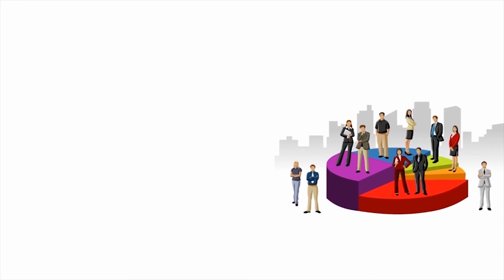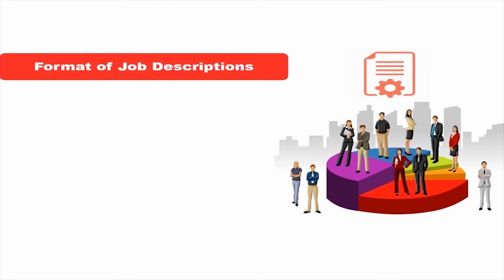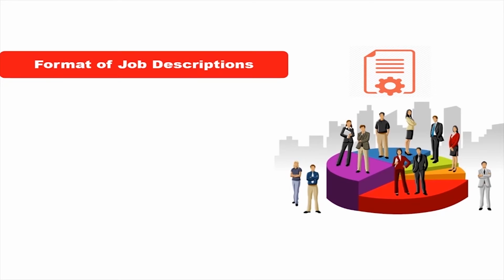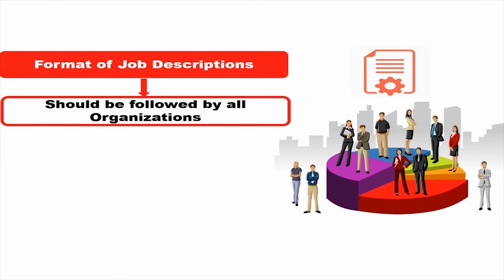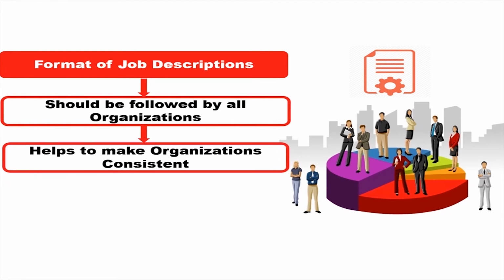Although organizations may modify this format according to their particular needs, all job descriptions within an organization should follow the same format, as this helps the organization make consistent decisions about matters such as pay and promotions.